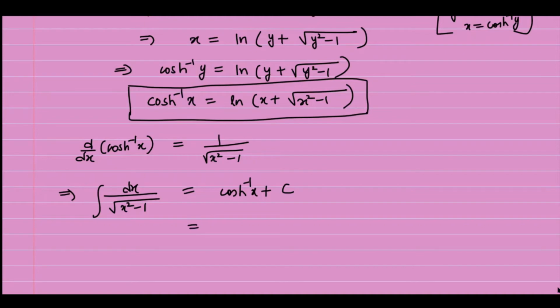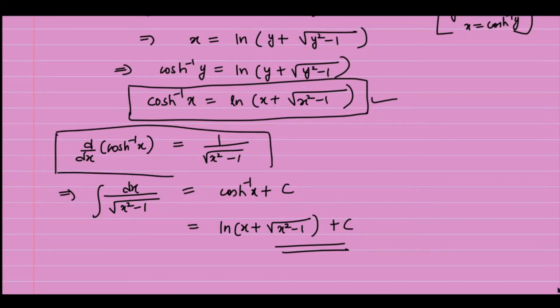And what is cosh inverse of x? Right now we have shown that it is equal to ln of x plus square root of x square minus 1 plus c. So we got these two results, that is for an integration as well as for derivative. So you have to remember these results.